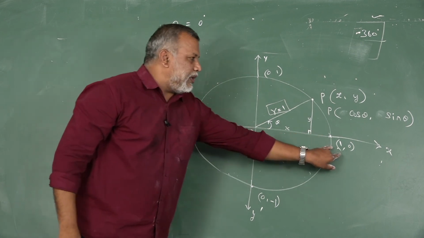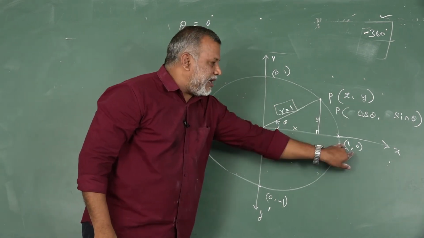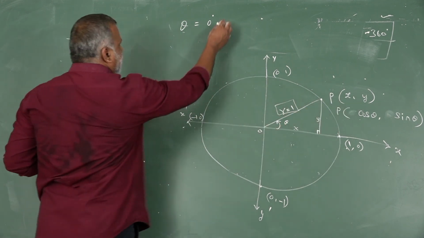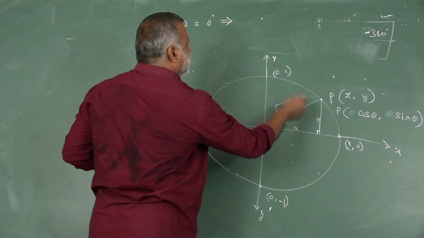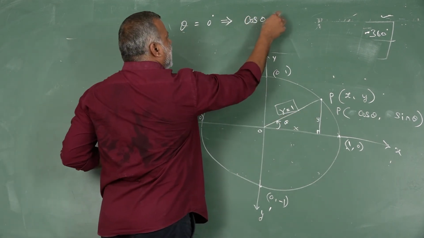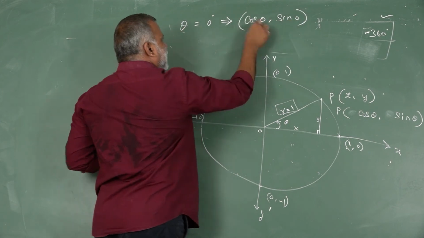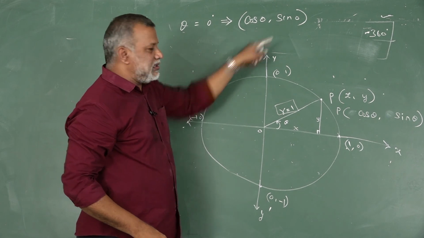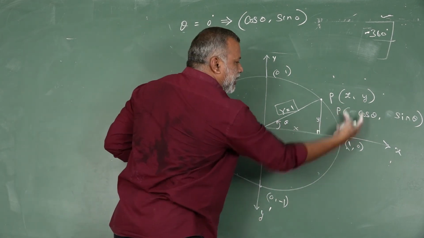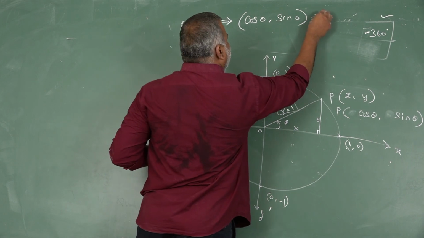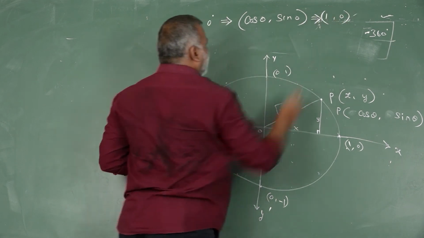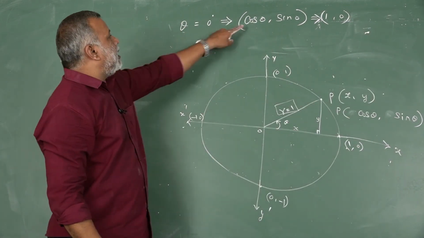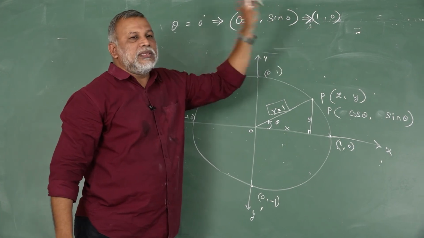If theta becomes 0 degree, this x comma y becomes, the x value becomes 1, the y value becomes 0. Therefore, see here, I am replacing theta equal to 0 degree, it becomes cos 0, comma sin 0. Cos 0, comma sin 0 means the value is 1, comma 0. That means we already well know cos 0 is 1, sin 0 is 0.